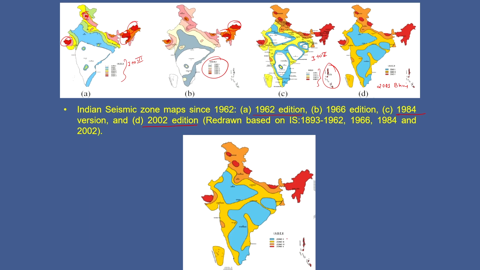So again the scientists and organizations felt that it had to be updated. Zone 1, with the least seismic shaking, was removed. So finally we have 4 zones, from 2 to 5. Zone 1 has been removed.